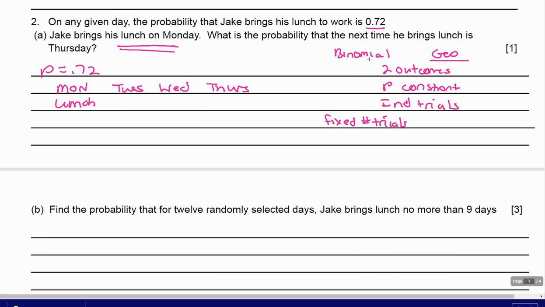Okay, now, what happens on Tuesday? Do I bring my lunch or not in this scenario? When's the next time I bring my lunch? So, did I bring it on Tuesday then? So, what's the probability of that happening?